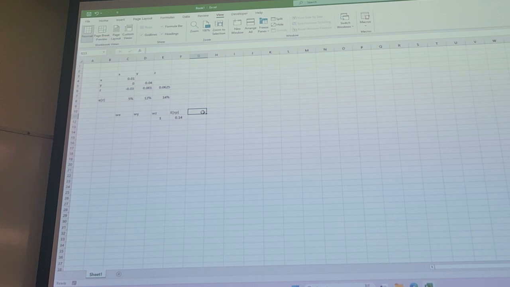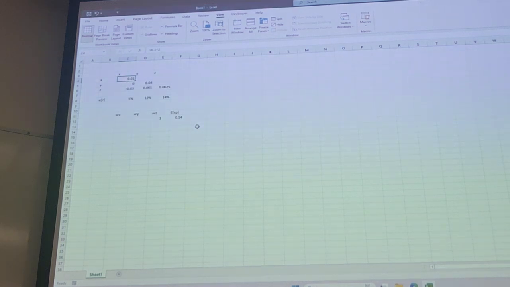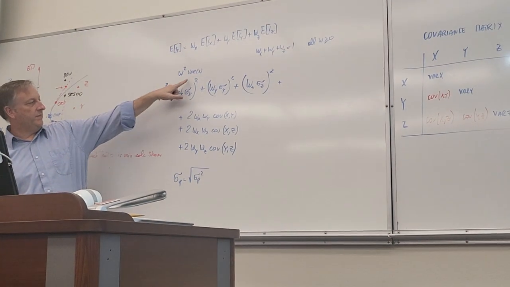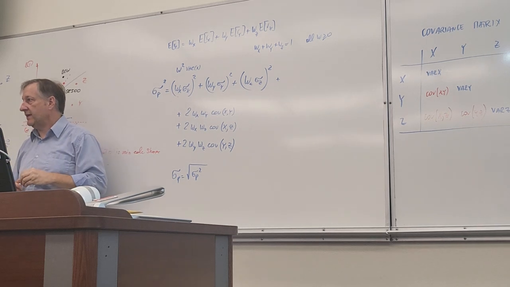Good. So next we need to compute the variance. And this is where it's going to be fun. One thing to keep in mind is that the way I can modify this so that I have weight squared times variance of x. You agree with that? Here I have it as a standard deviation, but what I have in that table is the variance.